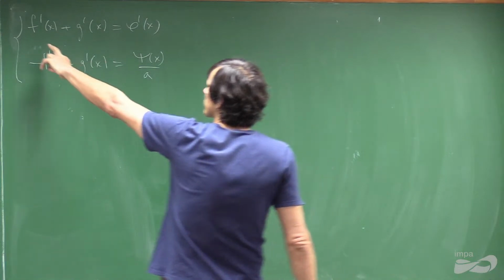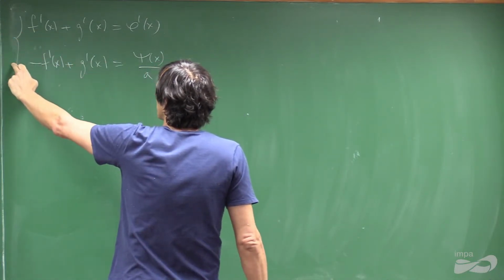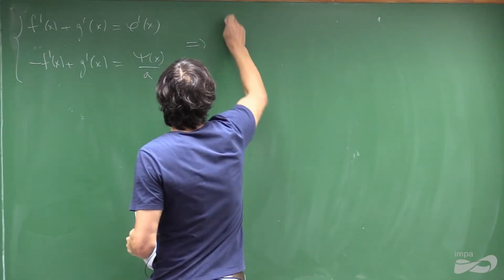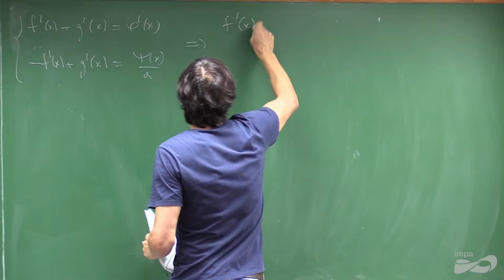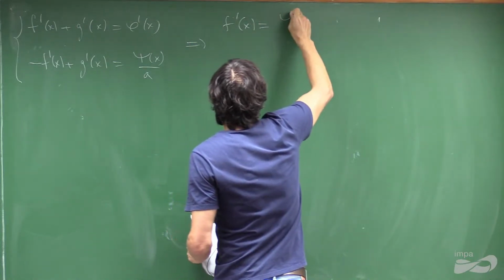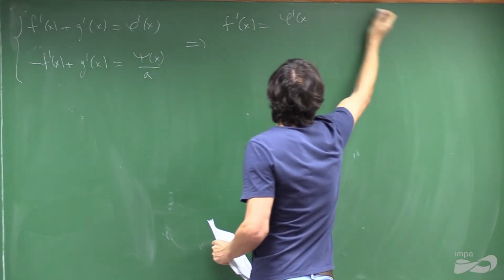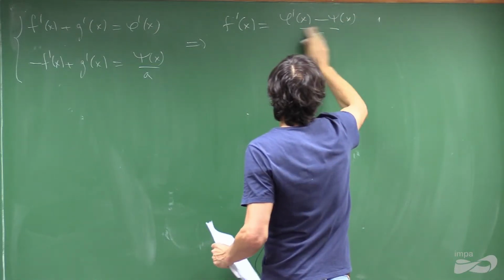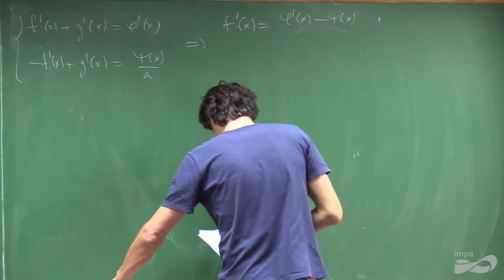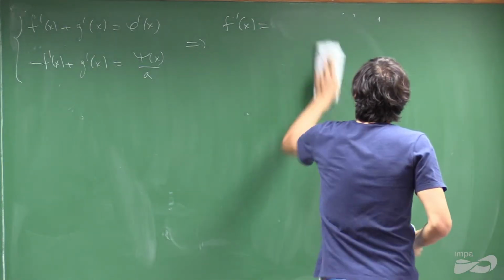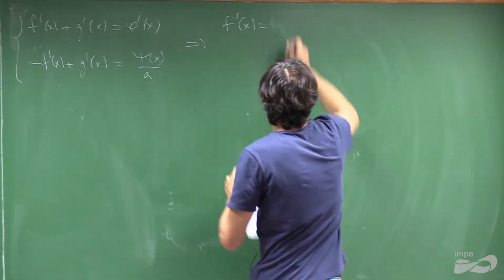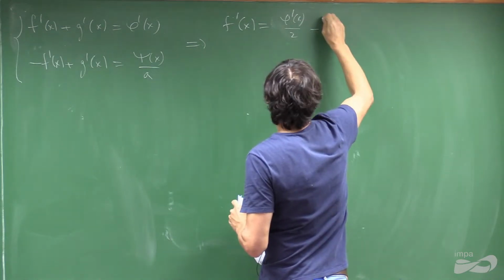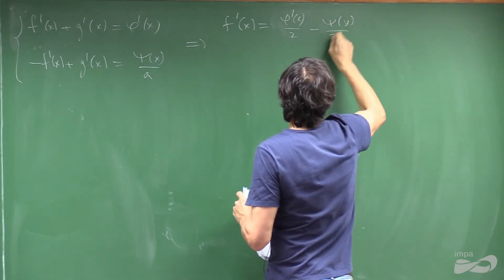So you see, if you take the first minus the second and divide by 2, g cancels, and you get f prime. So it will be the first divided by 2 minus the second divided by 2.